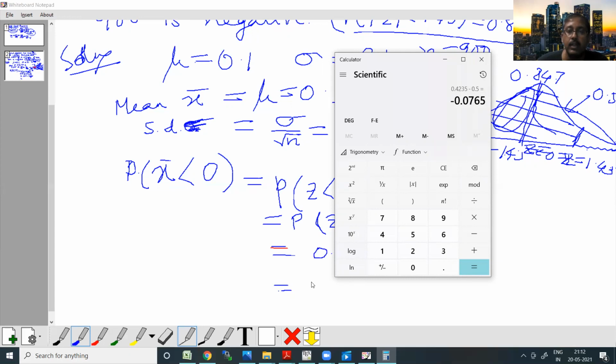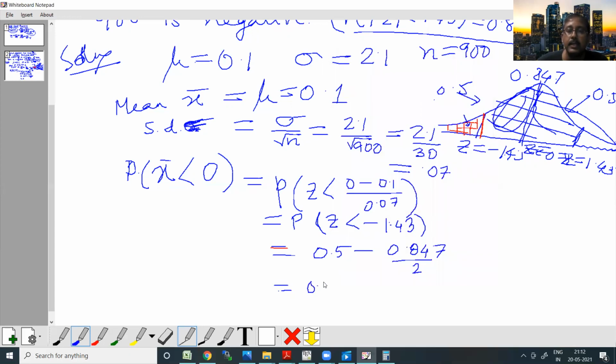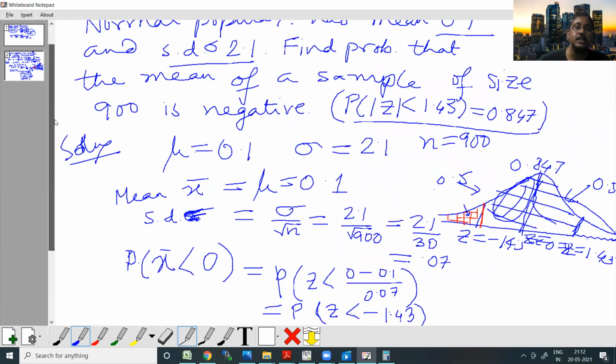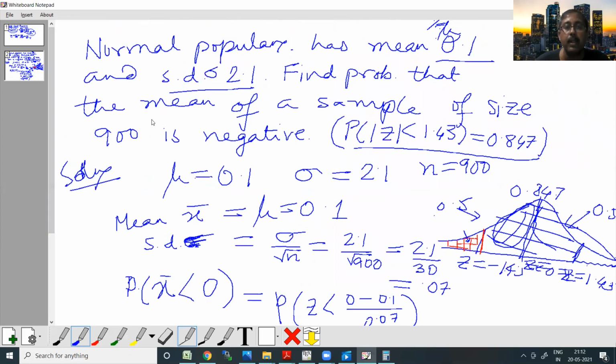So my answer will be 0.0765. This is the probability that the mean of this random sample of size 900 being drawn is negative. This is my whole workout.